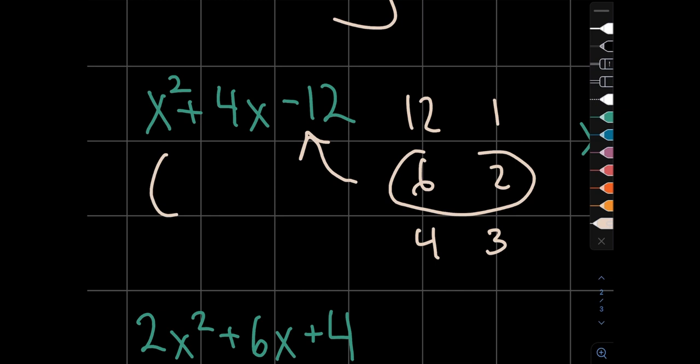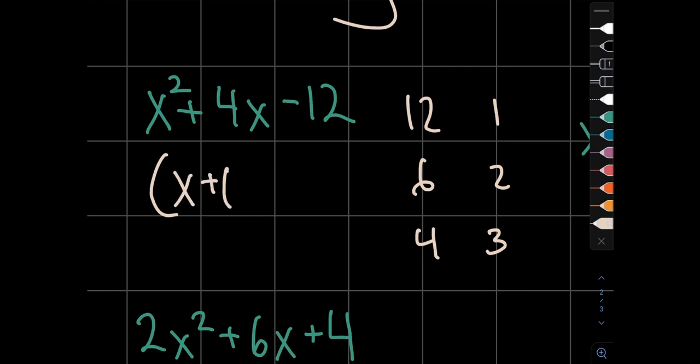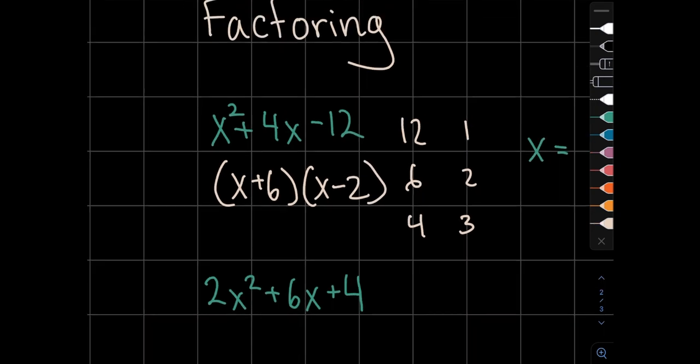It's going to be a negative 2, because if you add 6 and negative 2, it's going to be positive 4, and if you multiply them, it's going to be negative 12. It's just something you really have to practice a lot so you can quickly recognize it. So I'm going to say x plus 6, x minus 2 is our factored form of this equation.